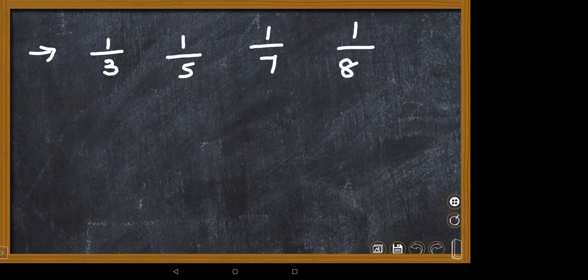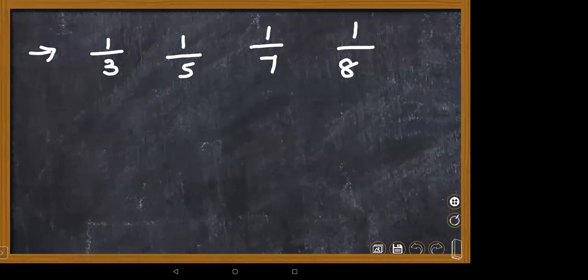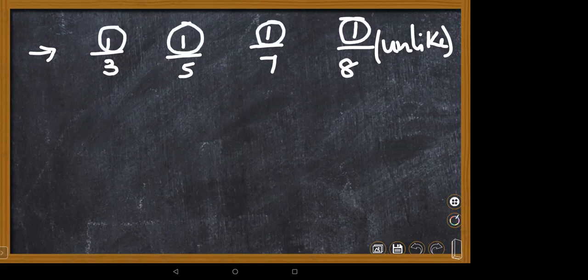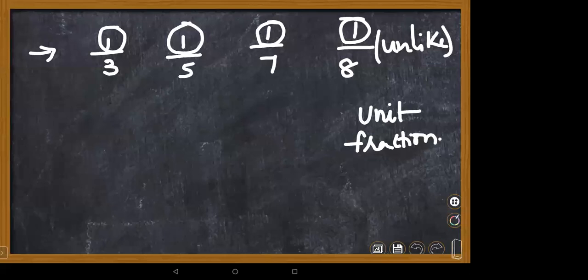What type of fractions are these all? Ma'am, unlike fractions. Yes, these are unlike fractions, and also you can name it another way. All numerators are one. What type of fractions are these? Unit. Very good. Unit fractions, Nana. If you want to compare unit fractions, whichever denominator is greater, that is the smaller fraction, children.